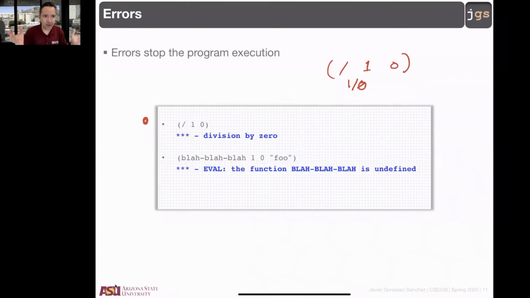No, it's an error. And your error is going to look like that. When you do something that is wrong, what you're going to get, depending on the virtual machine that you're using, depending on your interpreter, but usually is this asterisk used to call your attention, and the error message is going to be very, very direct. One line, short, division by 0, done.